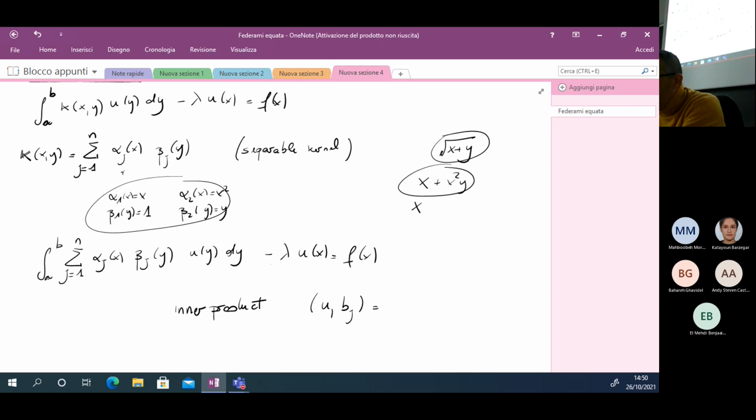How would you write this? Sorry, not beta j. Don't look at the notes. Well, you can look at the notes. How would you write this?